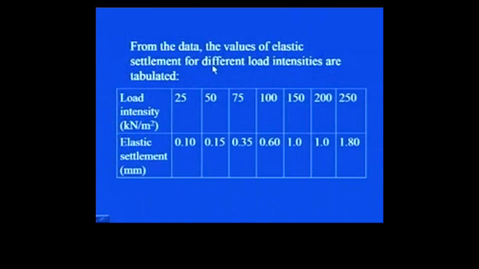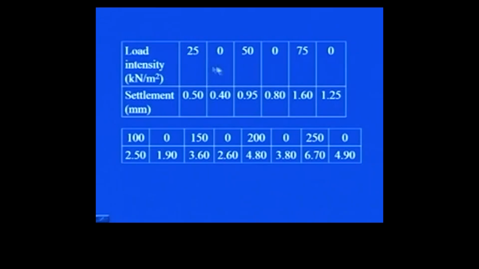From the data, the values of elastic settlements can be calculated. You can see here that when the maximum loading intensity of 25 was there, the settlement obtained was 0.5 millimeter, and when the loading intensity was 0, the settlement was 0.4. That means the recovery is 0.1.